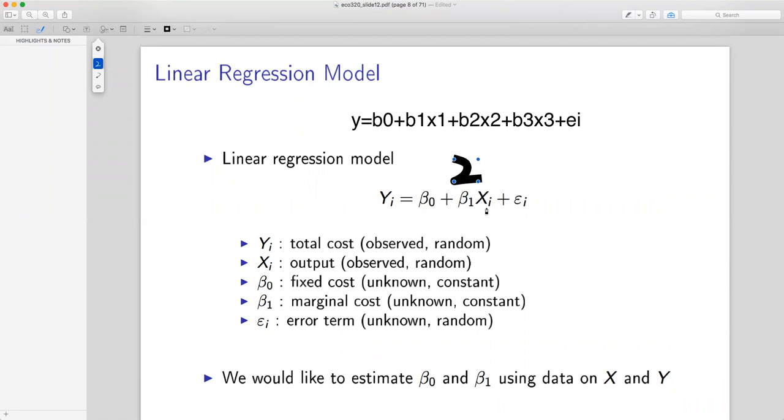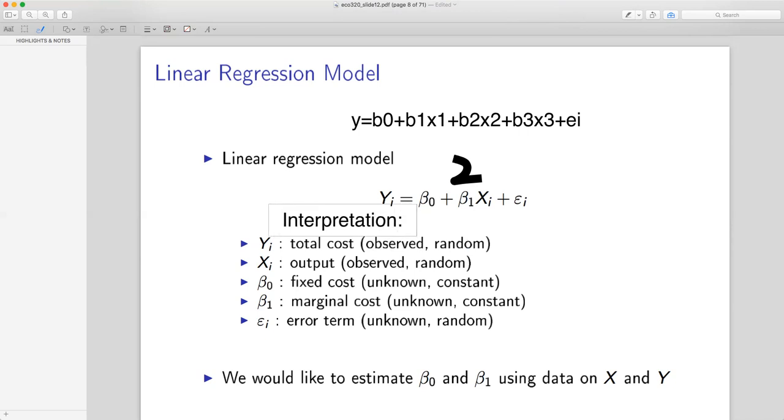If x increases by 1 unit, how much does y change? Here there is a positive sign in front of x, so it increases. If it's negative, then it decreases. So your interpretation would be: if x increases by 1 unit, y increases by 2. But what is our unit here? Let me write it down here. The interpretation in simple regression.